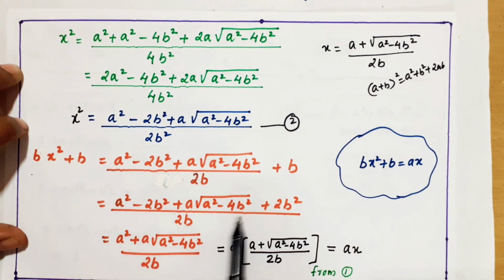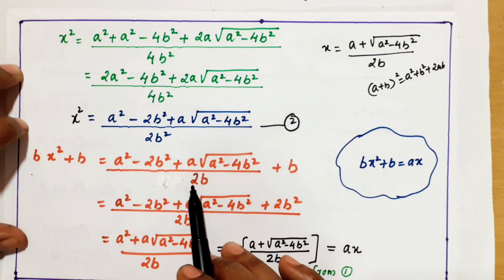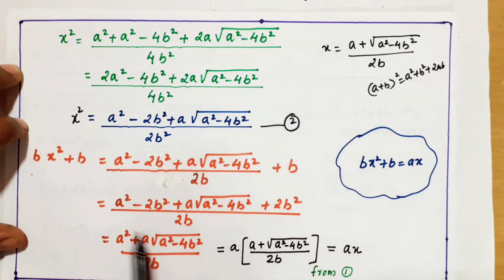Take LCM, 2b, a square minus 2b square plus a into root over a square minus 4b square plus 2b square, because LCM. If you see this term, 2b square minus 2b square cancel. So it is a square plus a into root over a square minus 4b square by 2b. If you take a common, a into a plus root over a square minus 4b square by 2b.